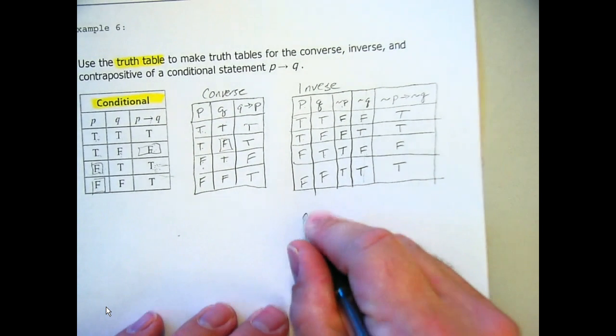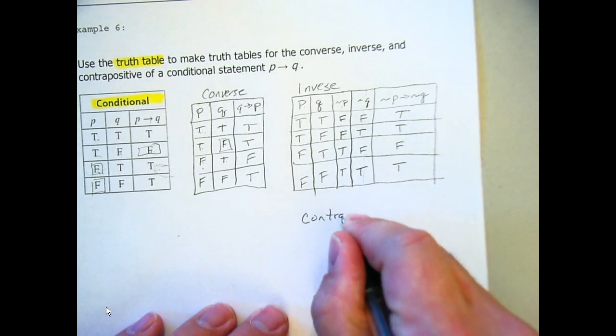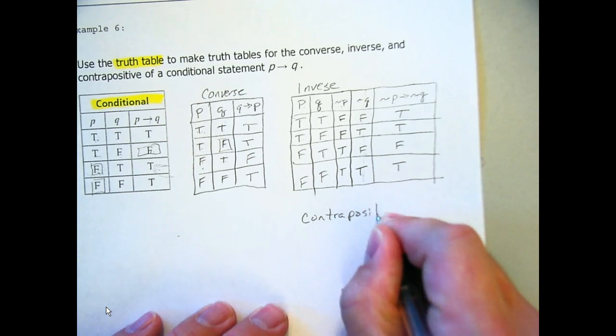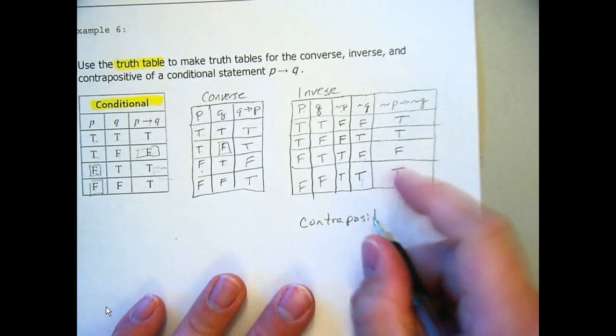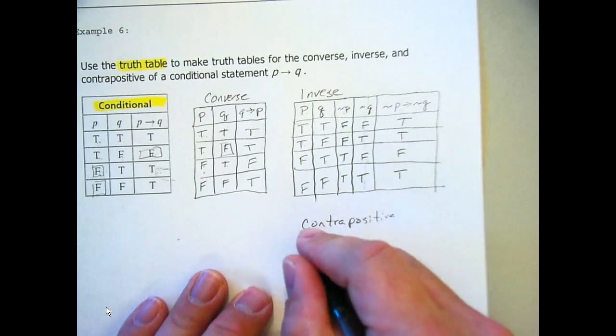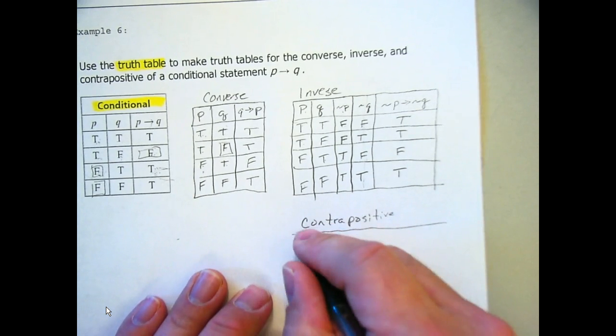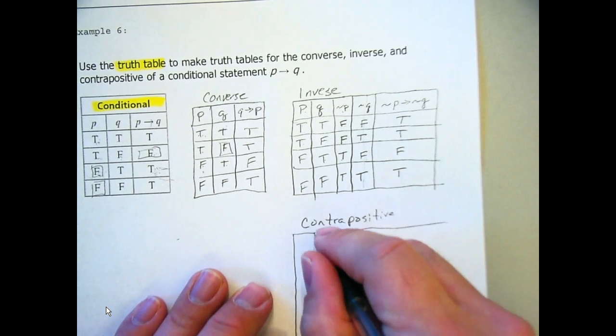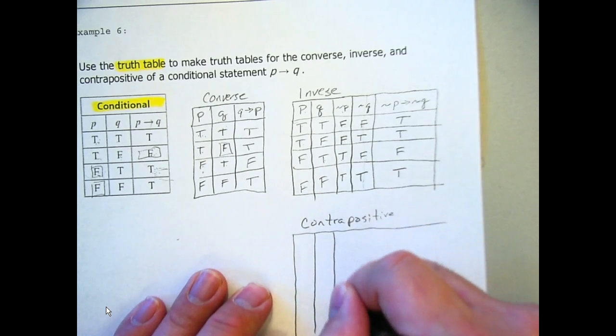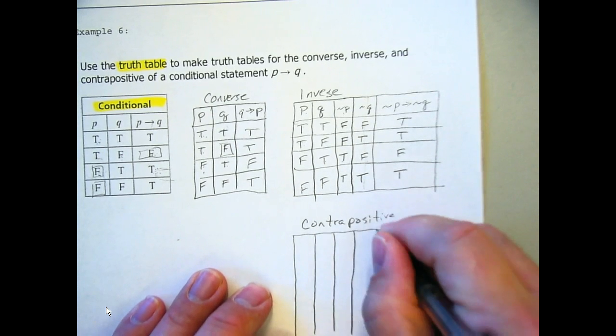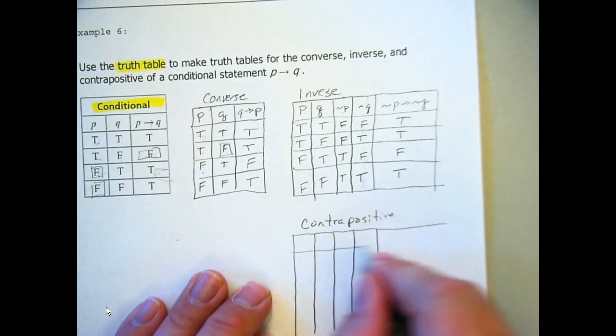We've got one more, the contrapositive. While you're figuring out the contrapositive, I'm going to be handing out what we're going to be doing today. On the contrapositive, you're going to have these same columns.